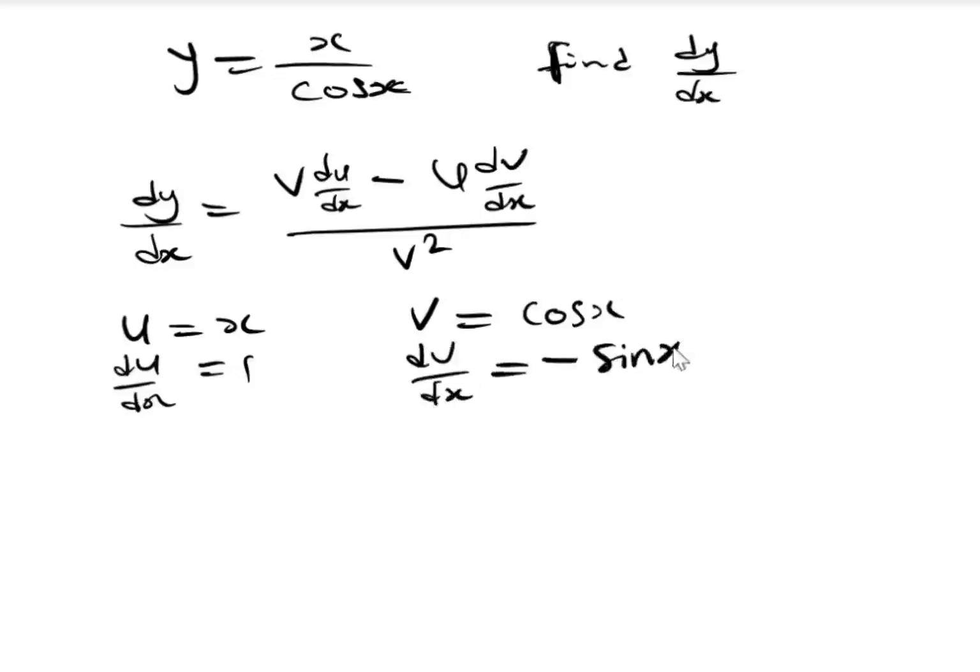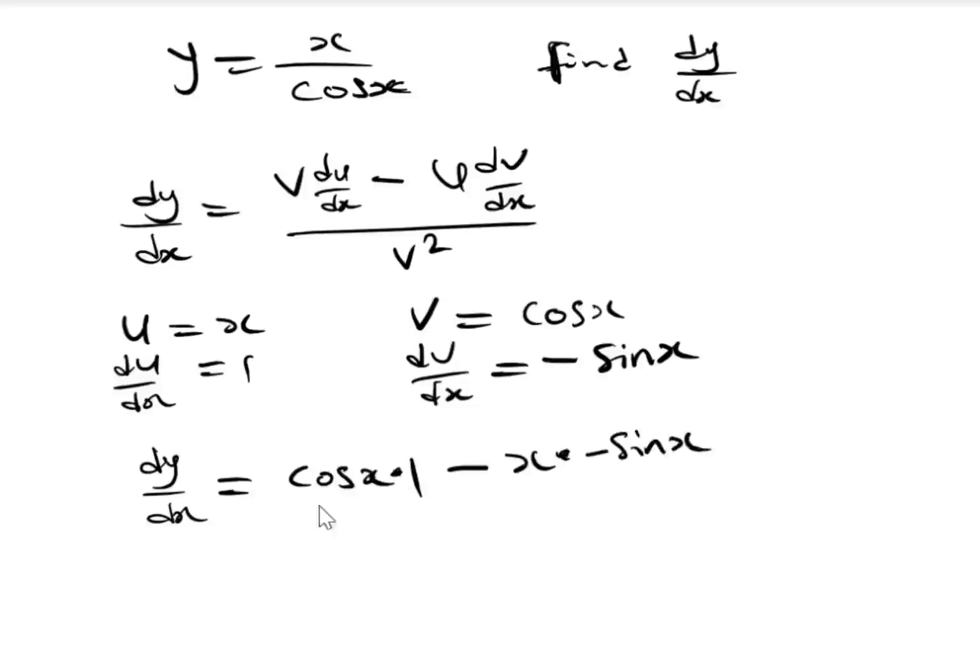So substituting this in this formula, you can say that dy/dx is equal to v, which is cos x, du/dx is 1, minus u, which is x, dv/dx is minus sine x, divided by v squared, which is cos x all squared.